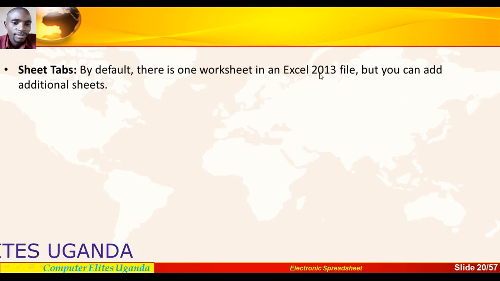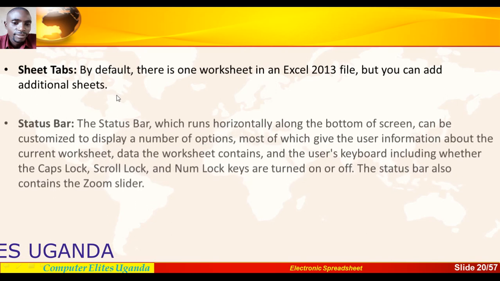Then with 2013, you will find only 1 sheet tab by default. Others, you just go on adding them. So the sheet tab is always used to add or enter information.